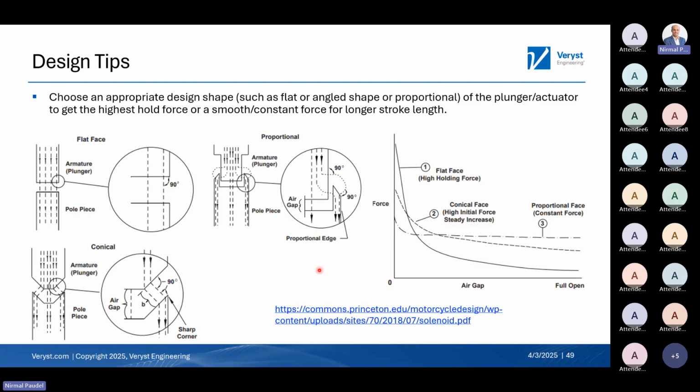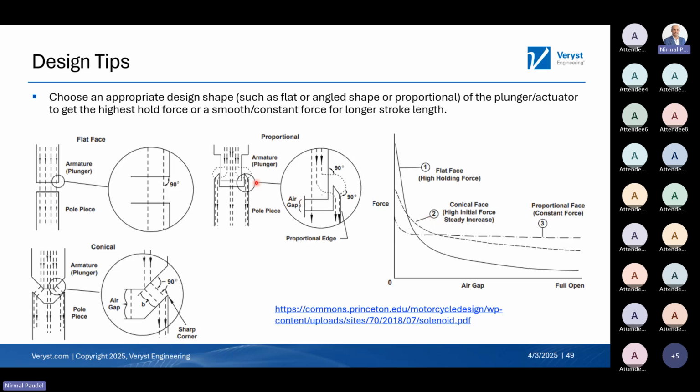Finally, if it's a flat plunger, the response will be like plot one here. It has a very high force, but it significantly decreases as you move on. But if you have a conical shape, your force profile will be a little bit flatter, as indicated by graph 2 here.